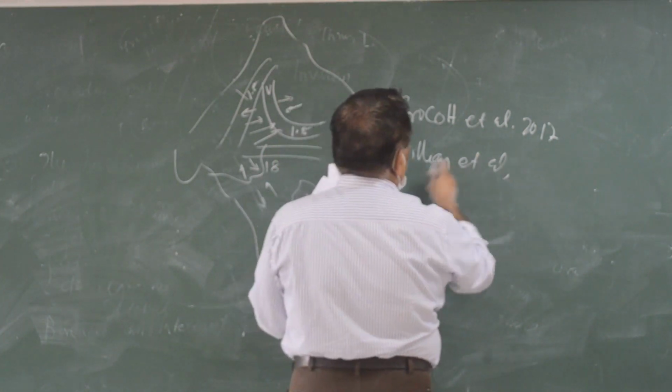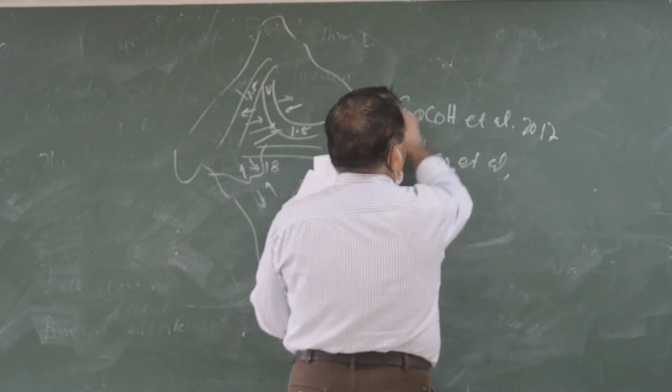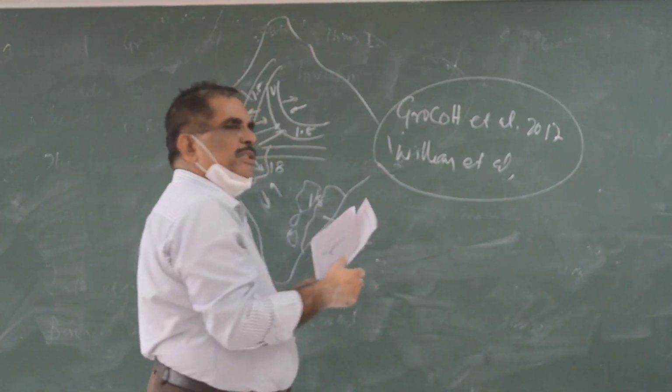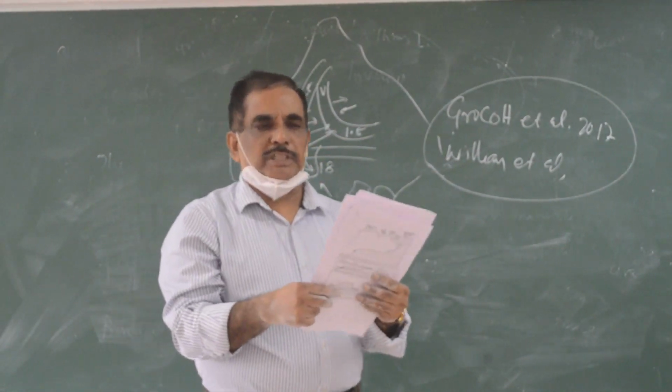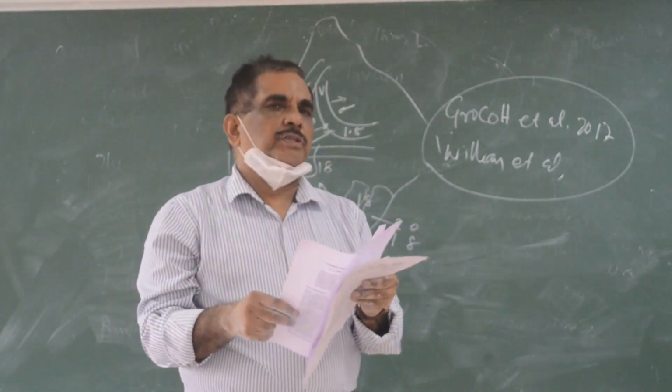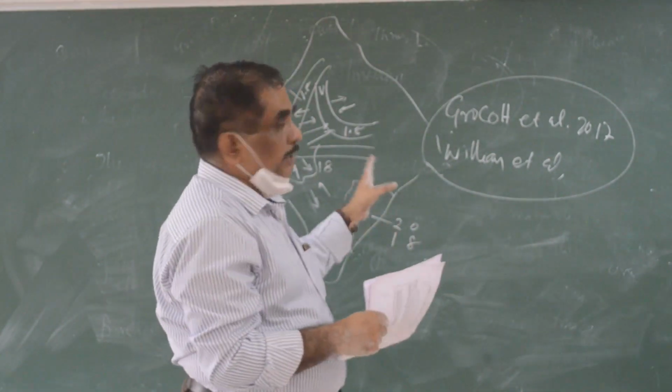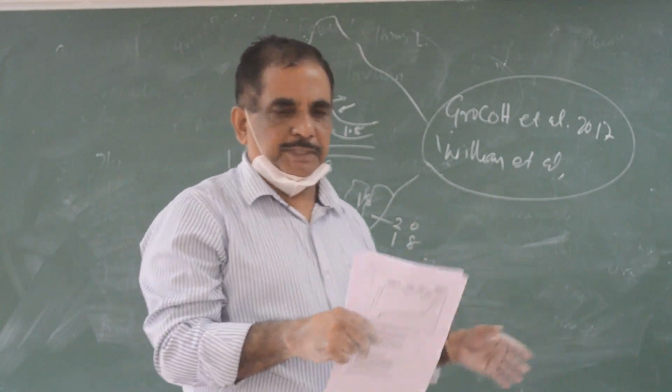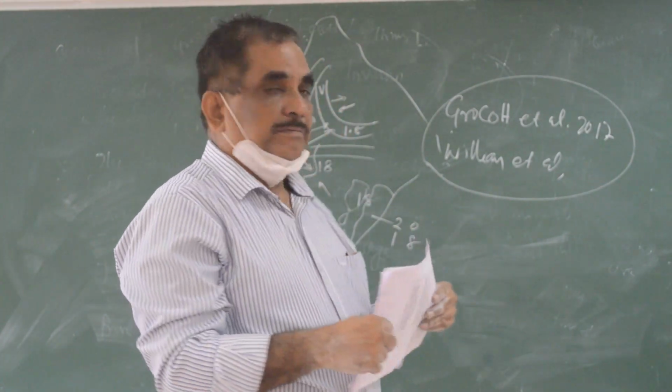Grocott et al. on basin inversion, and Williams et al. on basin inversion. You will find some mathematical computation they have given, and other geometrical descriptions have been made there, so you can go through it. So with this, I will conclude this basin inversion and tectonic inversion. Okay.